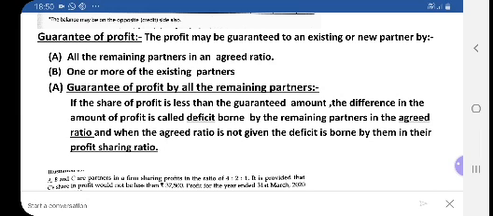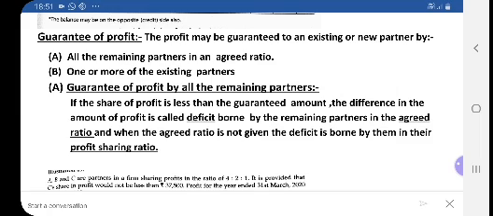The remaining partners. Suppose there are three partners A, B and C. C has given the guarantee that he will not get less than 25,000. So it means A and B will bear the deficit of rupees 3,000. And in what ratio? It depends upon the question. If it is given that they will bear equally, then this 3,000 will be borne by A and B equally, 1,500 each.